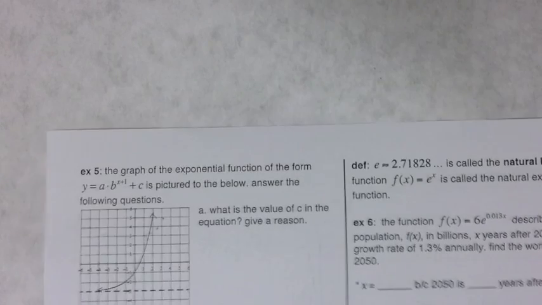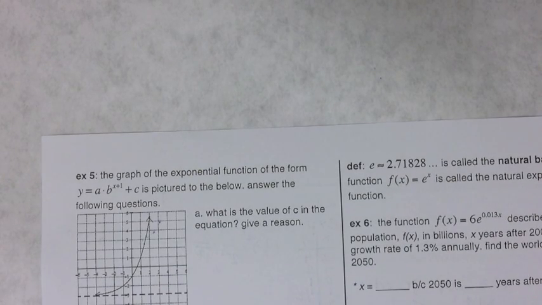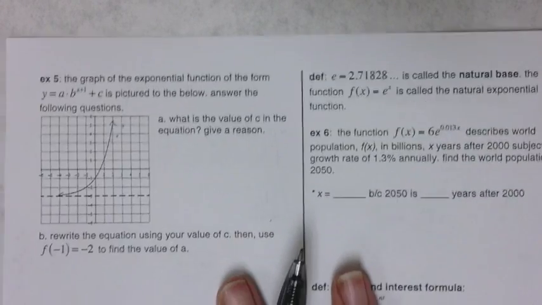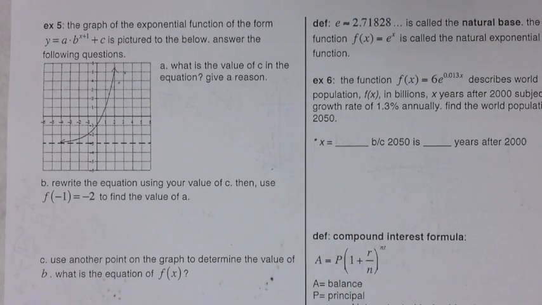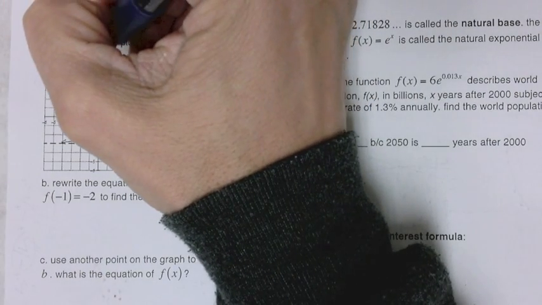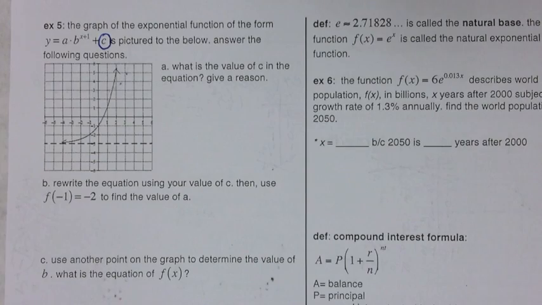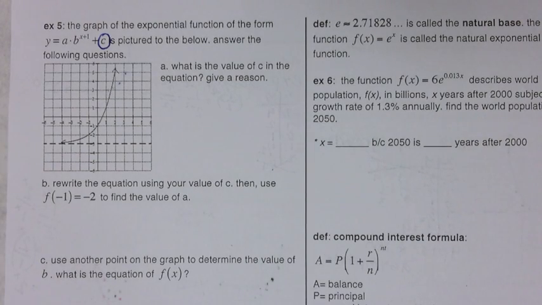Alrighty, let's go ahead and flip it over and see what we have coming up. So example 5 says the graph of the exponential function is right here. What is the value of c, and give a reason? Well, remember we've been talking about c right there. That's that number right there. And if we look back on the other side, we're saying c is our horizontal asymptote.